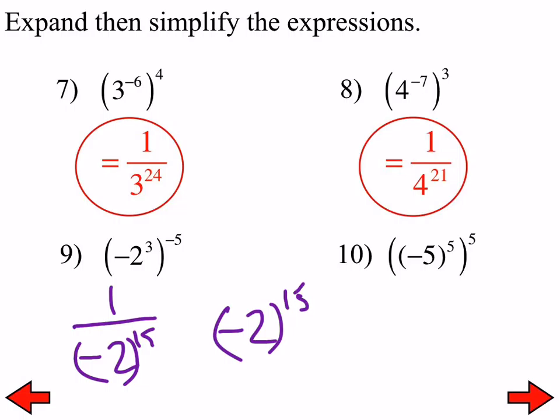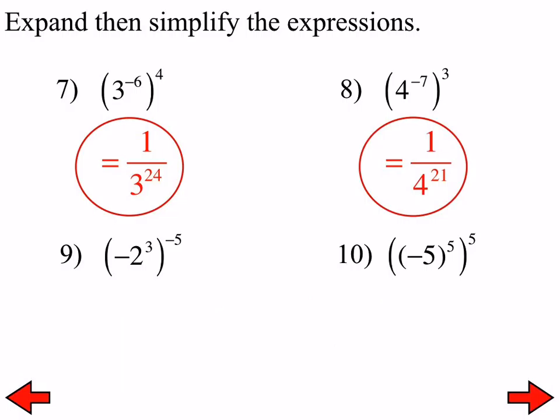Like this? Yeah. Okay, who agrees with Abraham? Different answer? Go ahead. Like this? Yep. Who agrees with Navreen? For this one, this 3rd one. More people. Good. The answer is 1 over negative 2 to the 15th.